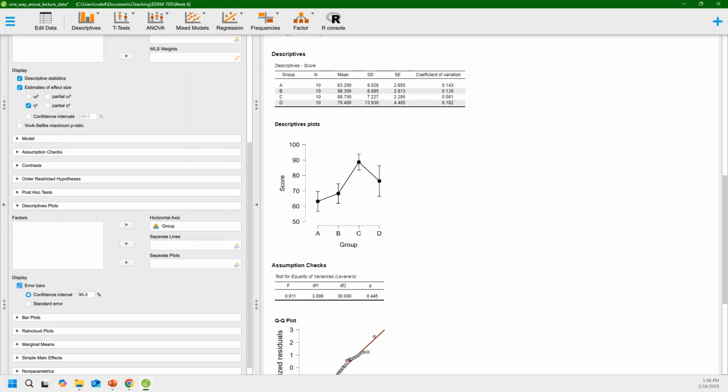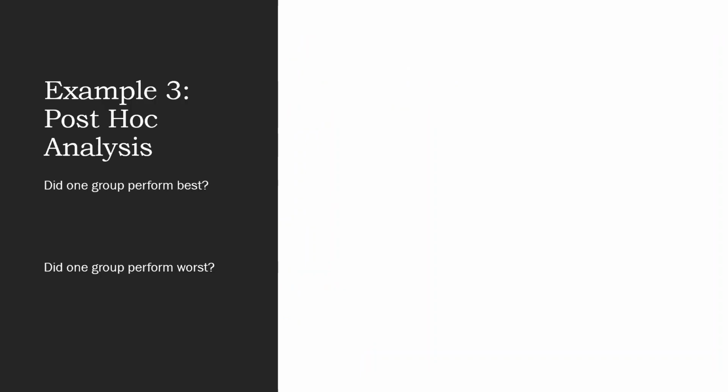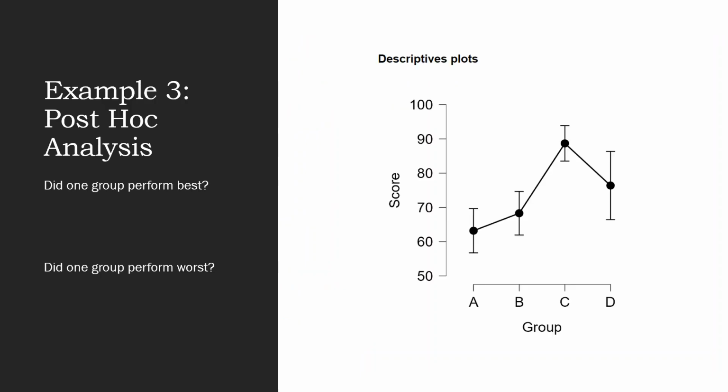I'm going to go back to my notes because there were a couple of questions that we want to answer. Did one group perform best and one group perform worst? Well, if I want to know if one group performed best, I'm going to look for the group with the highest mean, which is this one here.